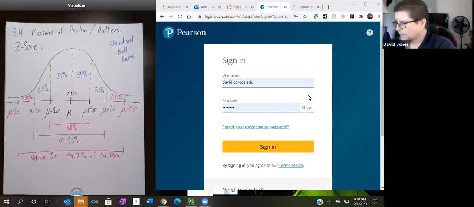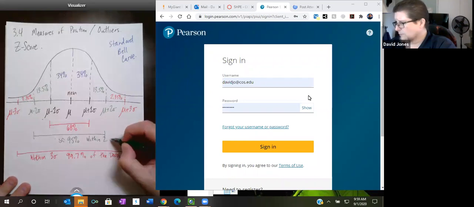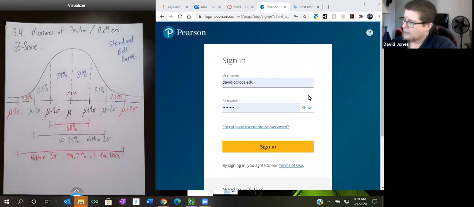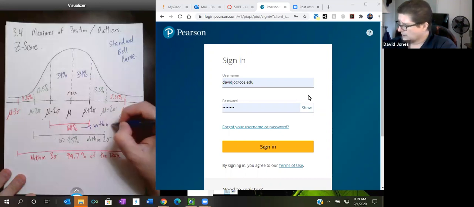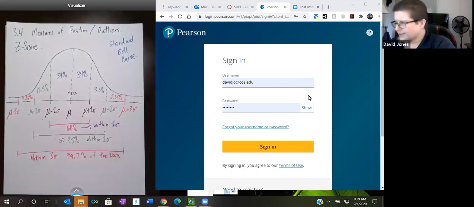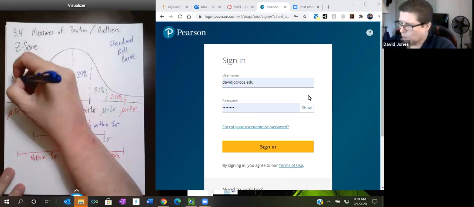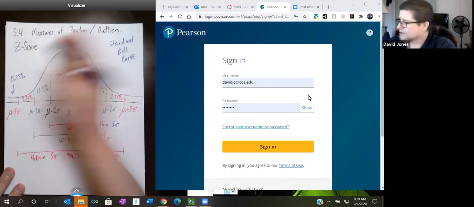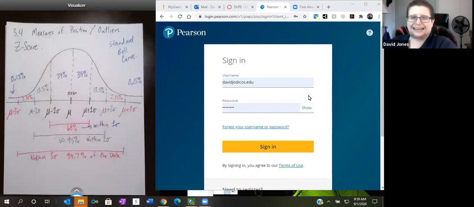And the green one was within 2 deviations, 2 sigma, and the middle set was within 1 sigma. And there is still stuff on the outside. On each side, this is 0.15%. So there is stuff outside of 3 deviations, but it's not a lot.